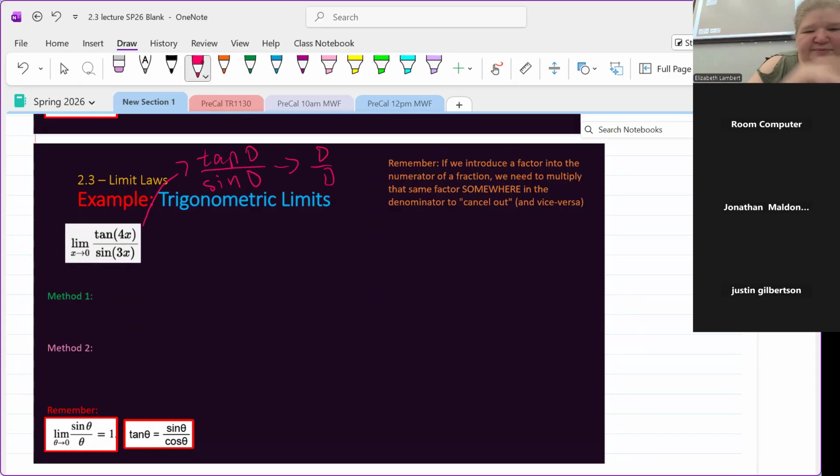Okay, I've got to do something else. All right, so one of the first things we're going to do is trade out tangent for sine over cosine.